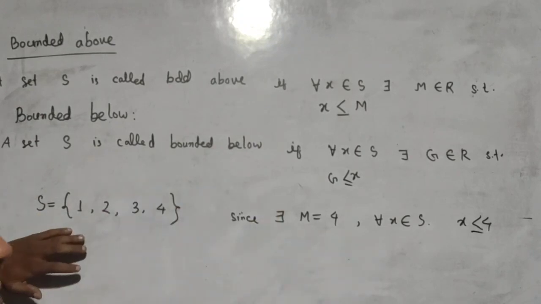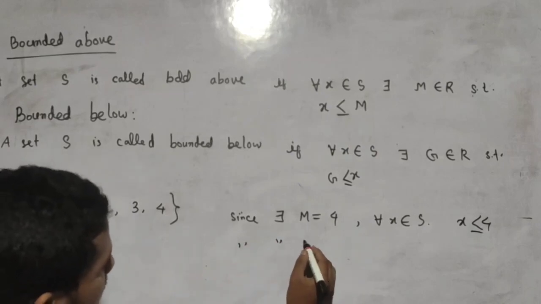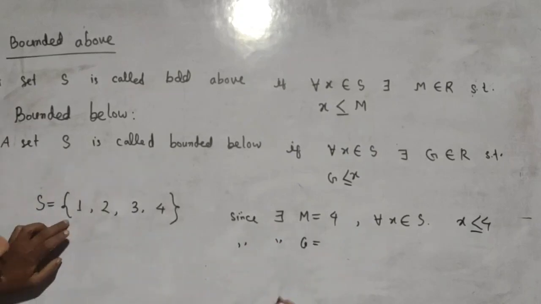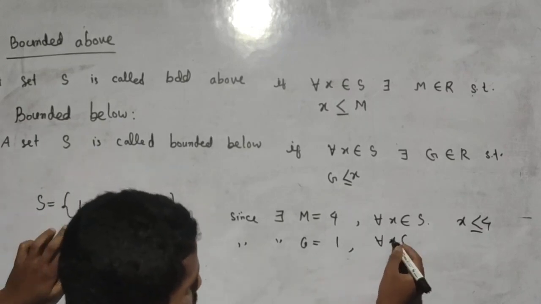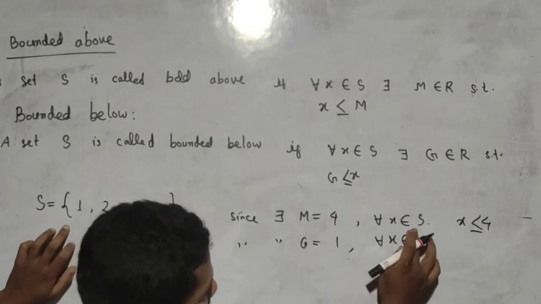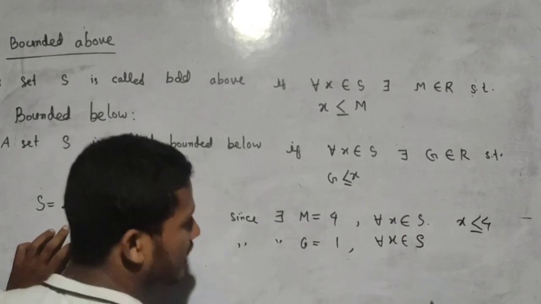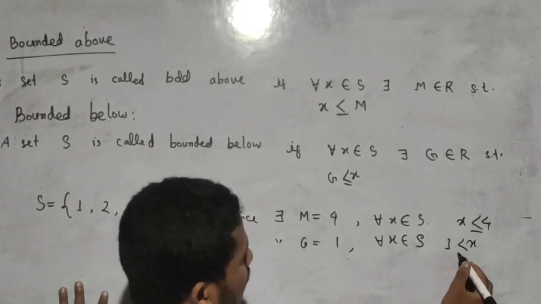Is this set S bounded below? Since there exists capital G equal to 1 such that for all x belongs to S, x is greater than or equal to 1.